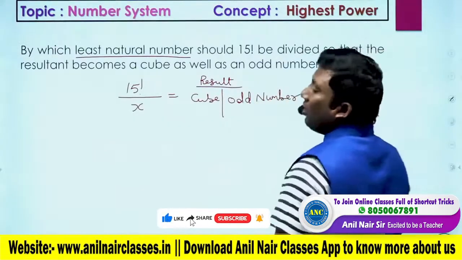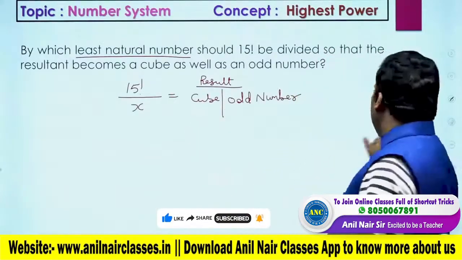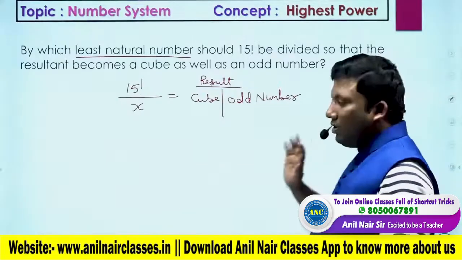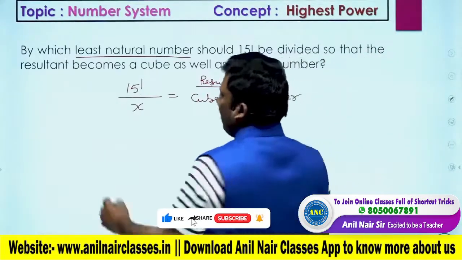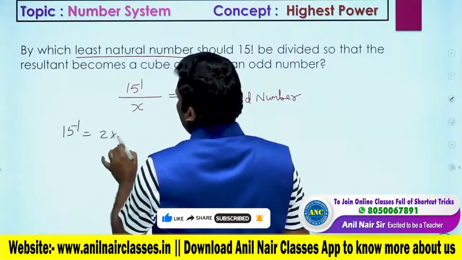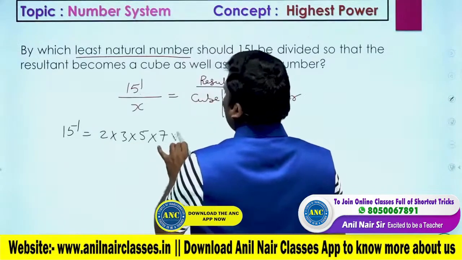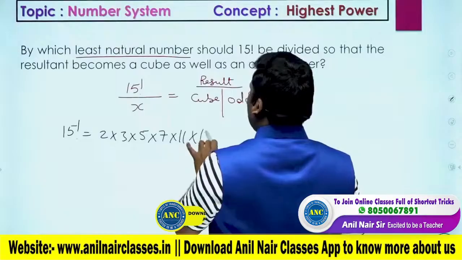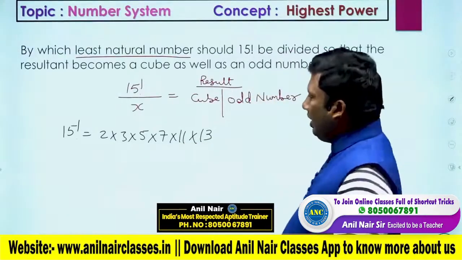An odd number will not have any powers of 2. So powers of 2 definitely we have to erase. What are the powers from 1 to 15: 2 power, 3 power, 5 power, 7 power, 11 power and 13 power. 2, 3, 5, 7, 11 and 13.